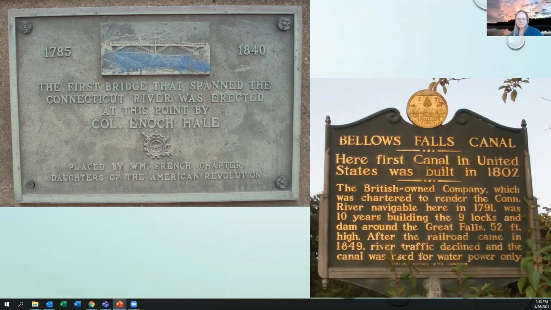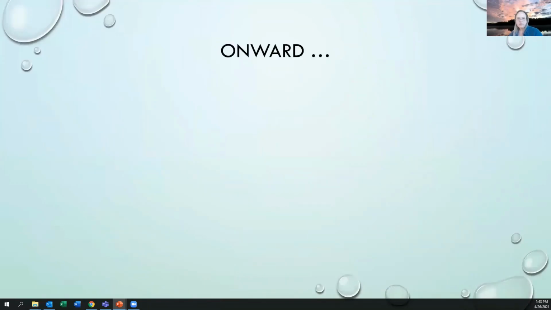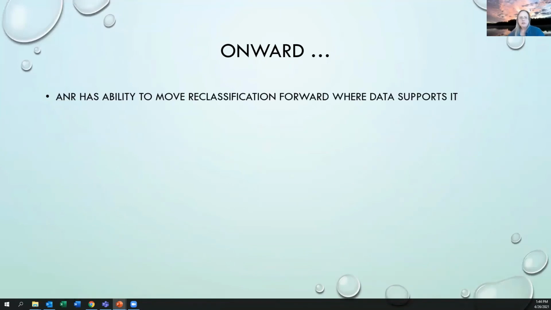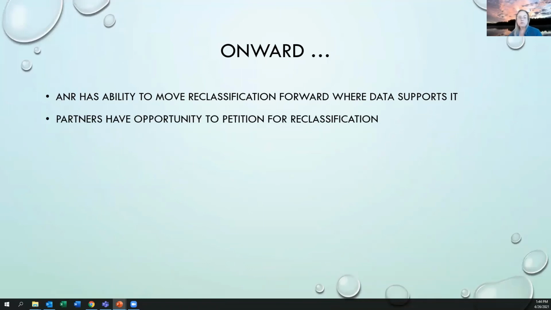So to move it forward, what we're looking at is, as an agency, we have the ability to move classification forward on our own if we have the data to support it, which is why we were able to do those Green Mountain National Forest ones in association with them, because we had the data to move that forward on our own. We can also do it through petition.